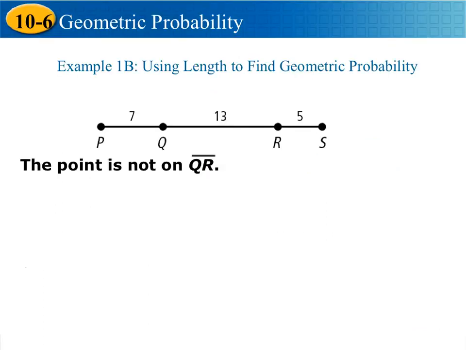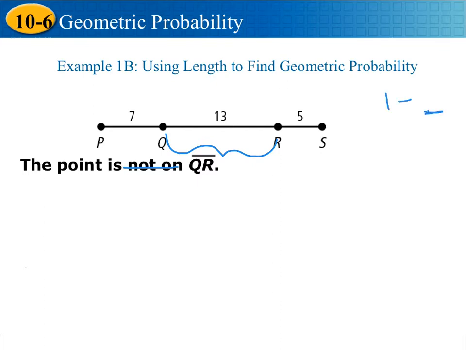So using the length to find the geometric probability, we're looking for when our point is not on QR. So we're going to try to find when our event is on QR, and then we're just going to subtract 1 minus whatever we find.